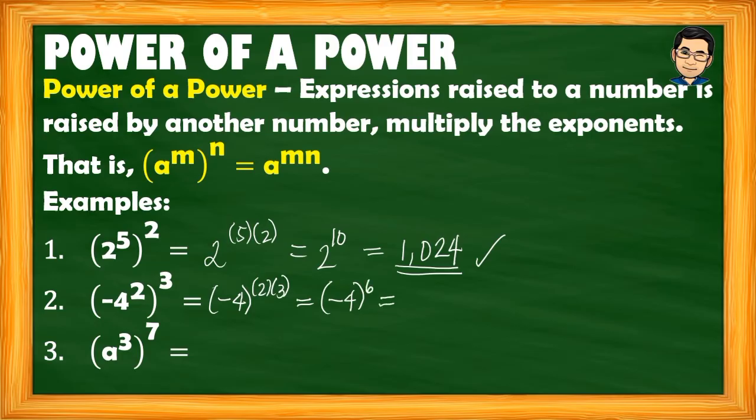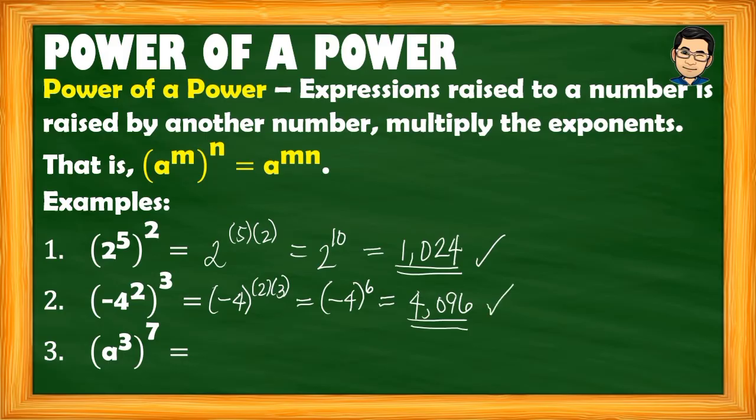Ibig sabihin, kailangan natin multiply yung negative 4 6 times sa sarili niya. So, negative 4 raised to the 6th power, that is equal to 4096. Baka magtaka kayo kung bakit yung sign is positive. It's because even number po kasi yung exponent. Okay.